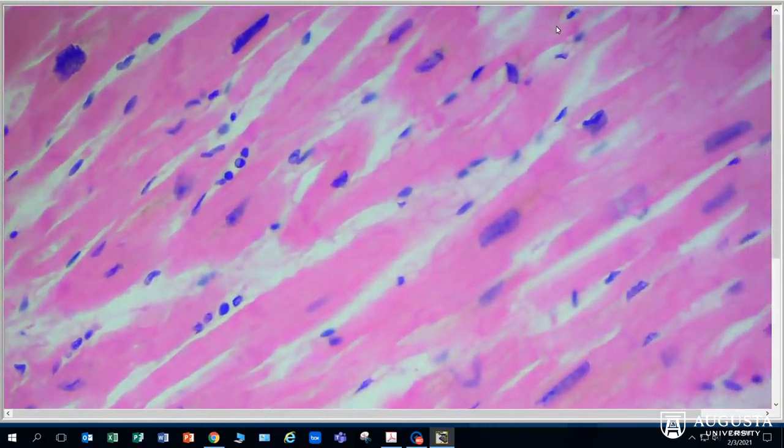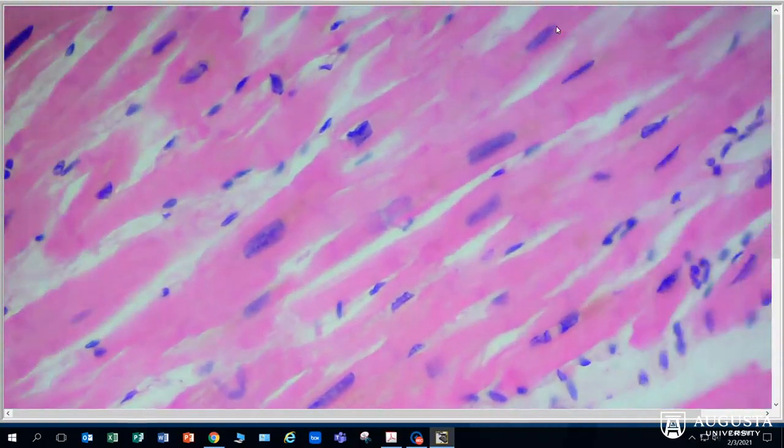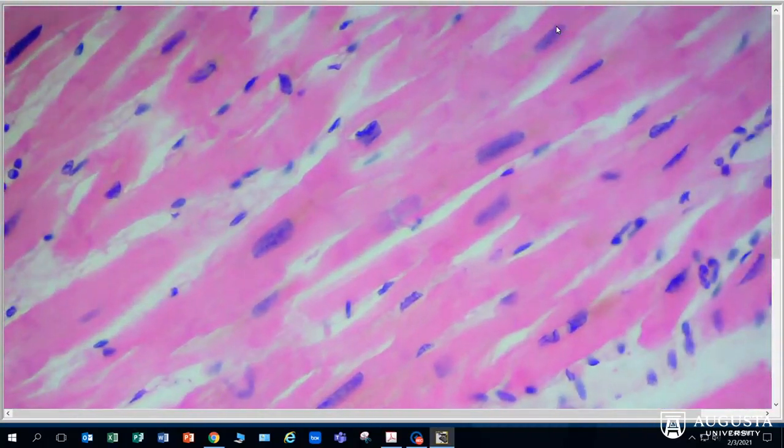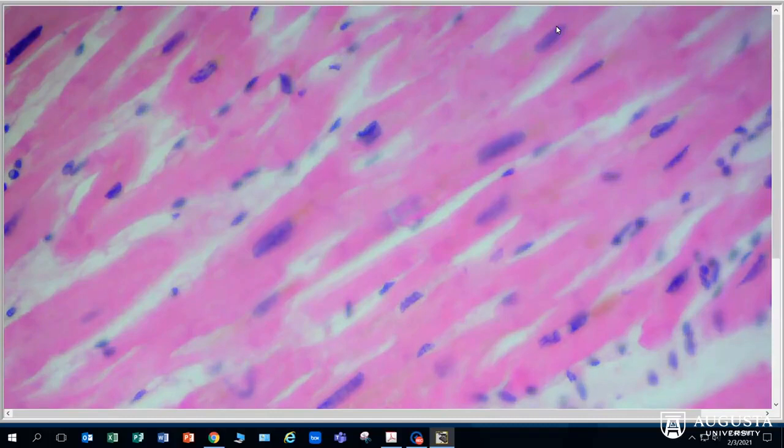There's a structure that I'm looking for right now called an intercalated disc. The intercalated discs of the cardiac muscle cells are where one muscle cell meets the next. And this structure right here is a white band, and that is the intercalated disc. On the Histology Guide website, you would see that as a dark line.